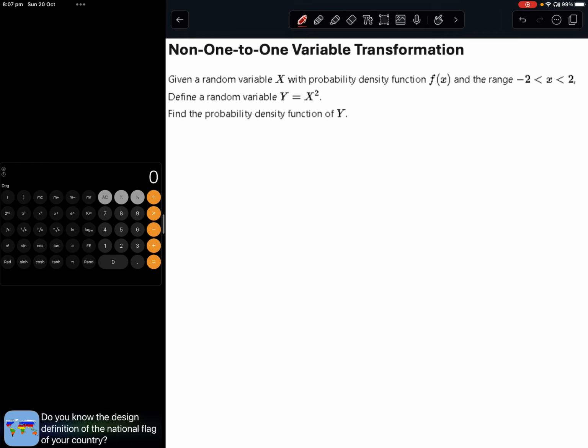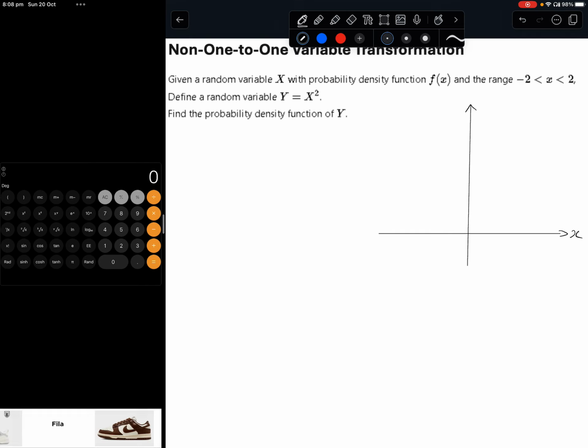I'll try to draw a graph to explain why this is not one-to-one. This is x, and this is y, because here we have Y equals X squared.